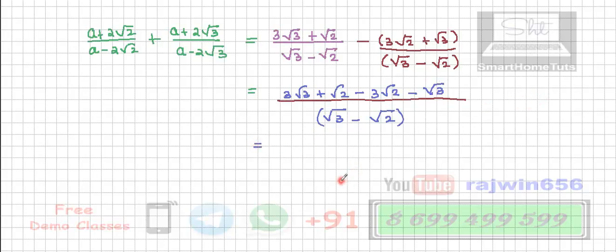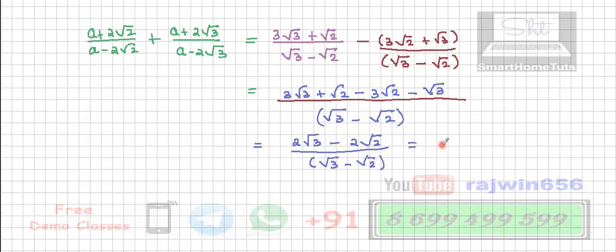This is going to give me 3 root 3 minus root 3, that is 2 root 3, minus 3 root 2 and plus root 2. So this is going to give me minus 2 root 2. Denominator is going to remain unchanged, root 3 minus root 2.